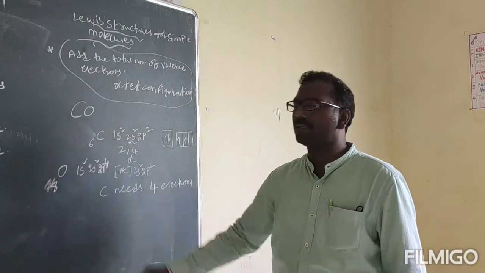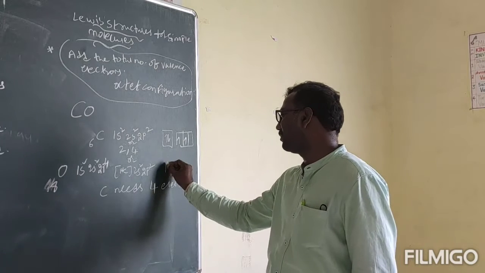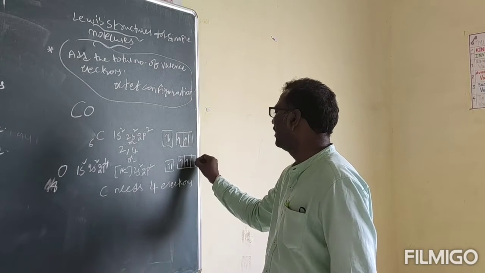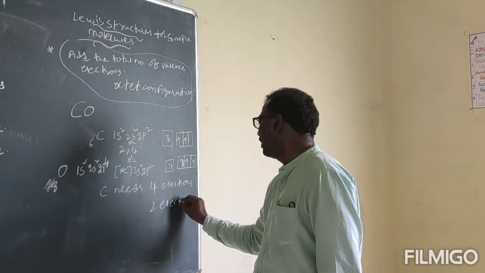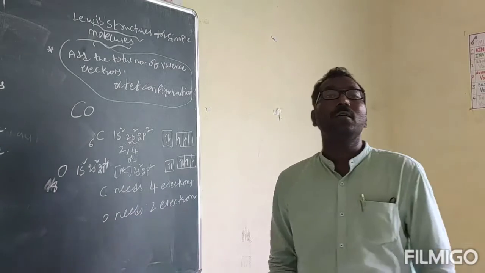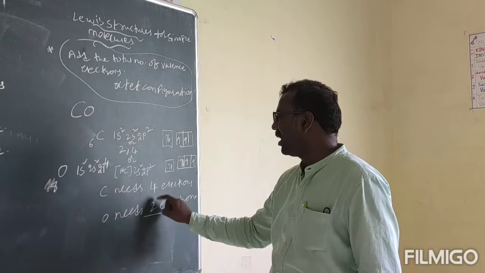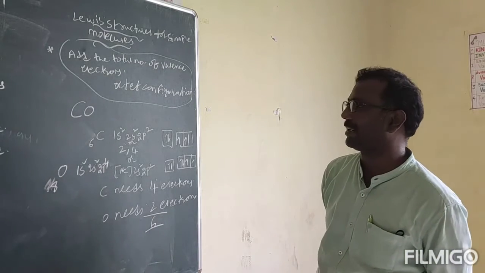So 4 to 6 plus 2, 8. So oxygen requires 2 electrons to attain the octet configuration. So now total number of valency electrons are how many? 6 electrons are the total number of valency electrons.